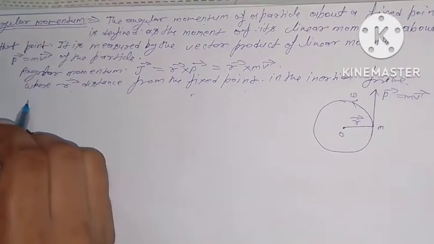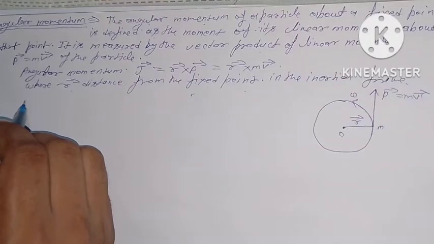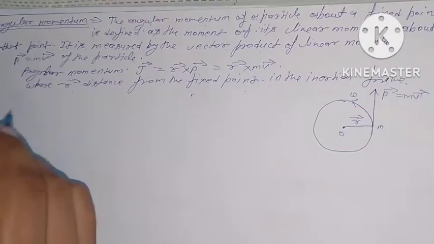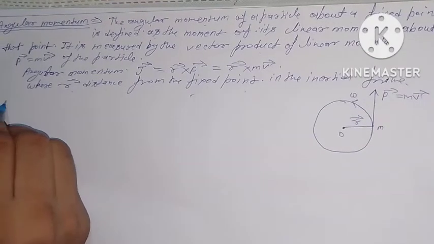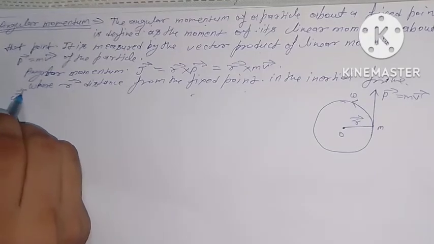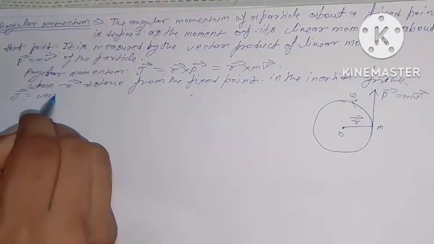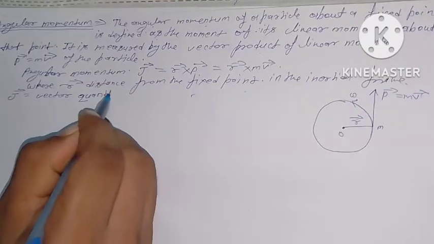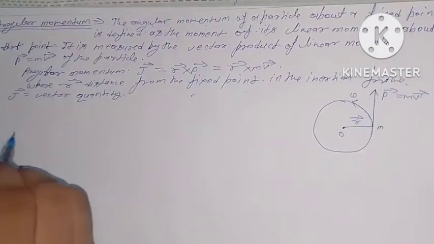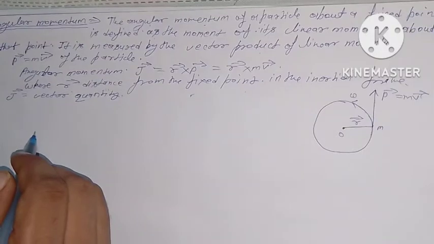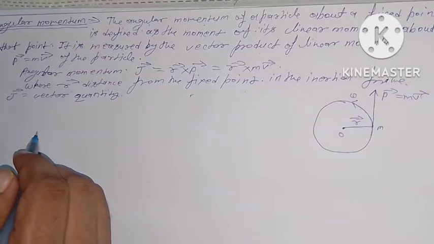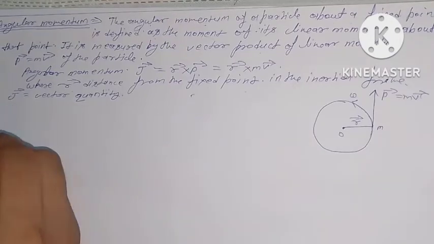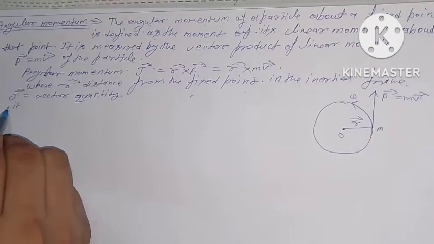Angular momentum, being the vector product of two vectors, is obviously a vector quantity.